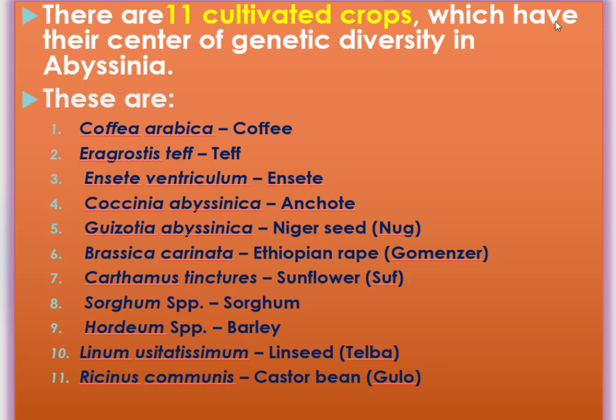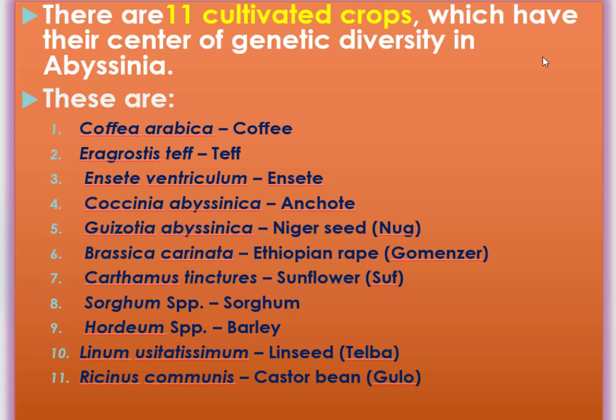The 11 cultivated crops that make our country Ethiopia one of the 12 Vavilov centers are Coffea arabica, coffee; Eragrostis tef, ጤፍ; Ensete ventricosum, እንሰት; Coccinia abyssinica, አንቾት; Guizotia abyssinica, Niger seed; Brassica carinata, Ethiopian rape; Carthamus tinctorius, safflower; Sorghum species, sorghum; Hordeum species, barley; Linum usitatissimum, linseed; Ricinus communis, castor bean.